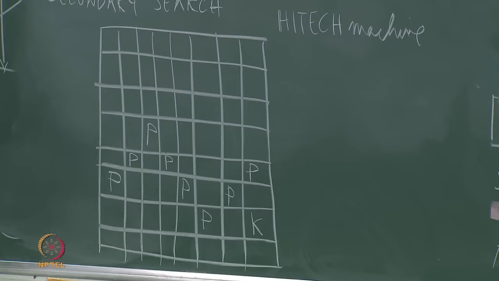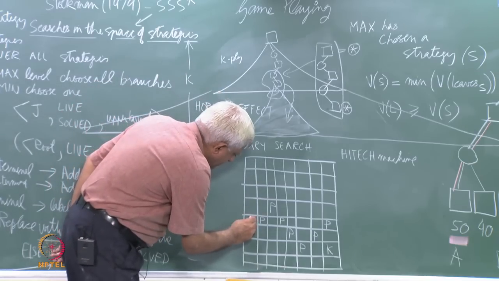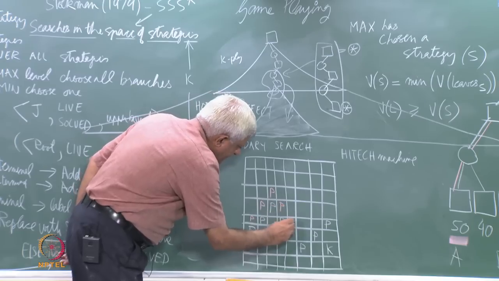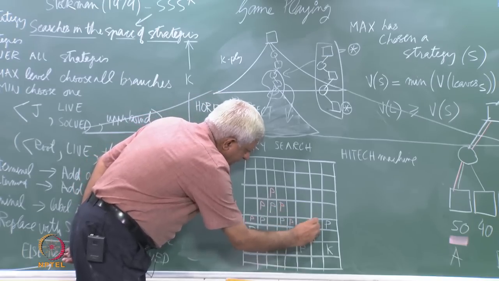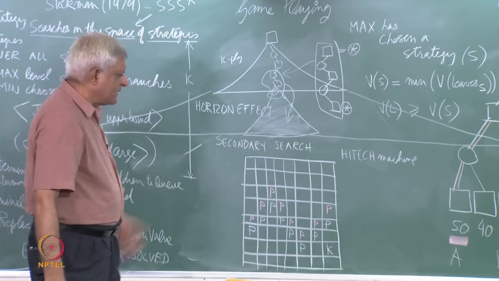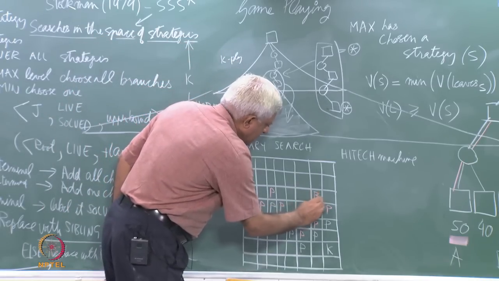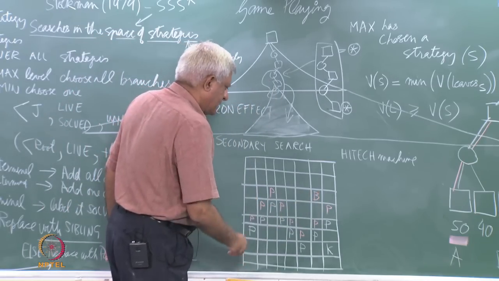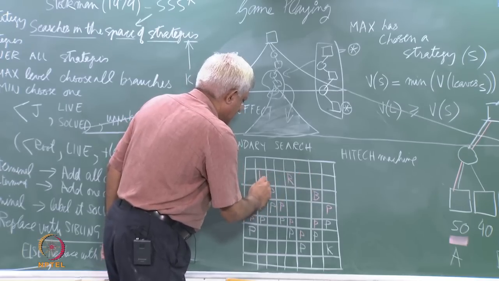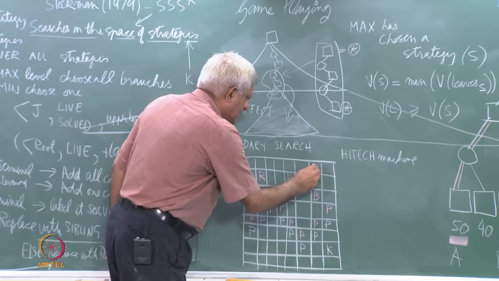Let us say the opponent also has 8 pawns, which are head to head with these 8 pawns, in some sense creating a kind of deadlock. But the opponent has other pieces also. So, the opponent has, for example, a bishop here and a rook here and a rook here and a king here.